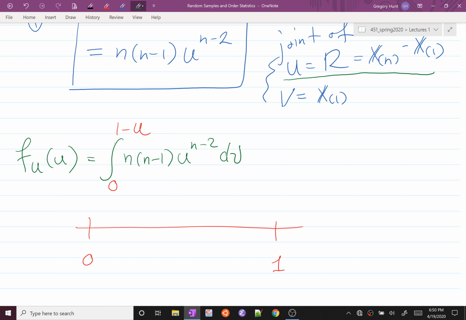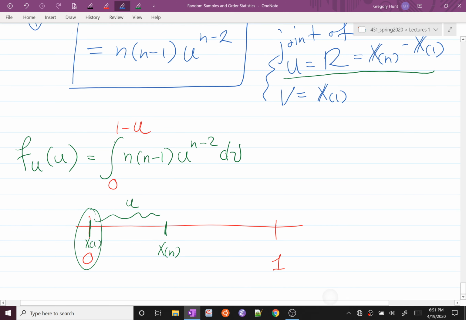If my range is u, it could be that my minimum is here and my maximum is here, and this distance is u, my range. Or it could be that my minimum is all the way at 0.